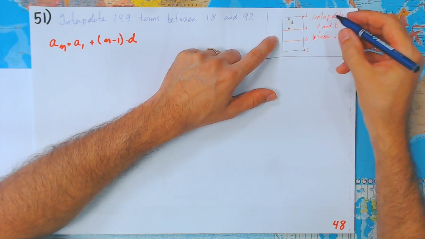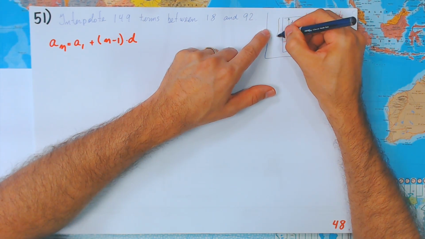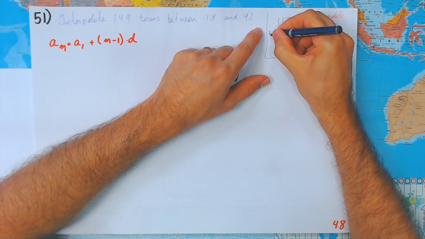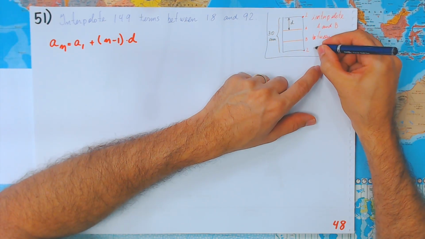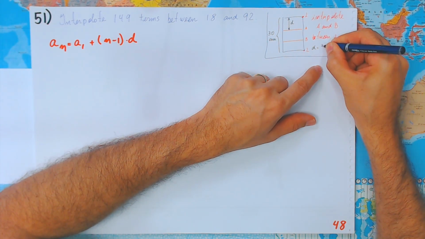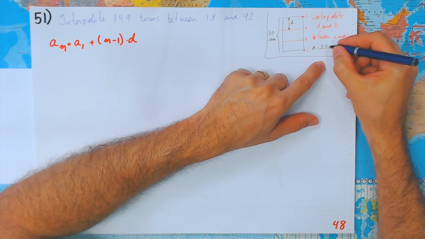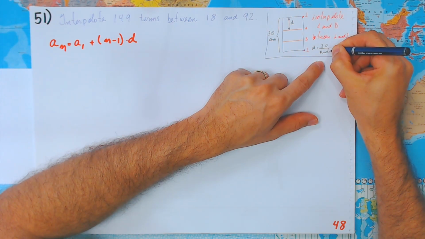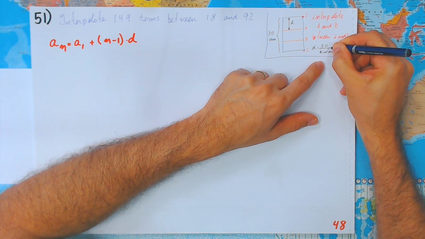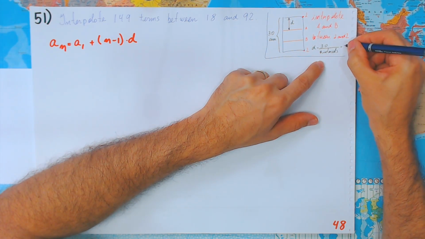So in this case, let's suppose the page has maybe 30 centimeters. Now d is going to be just what? 30 divided by 3, which is the number of intervals, and this is just going to be 10, right?